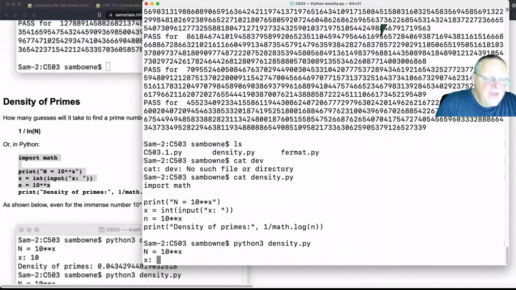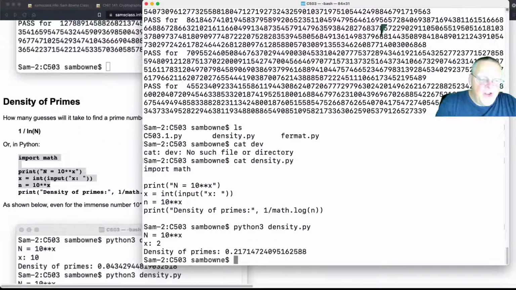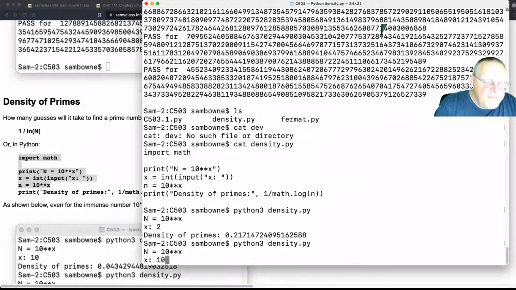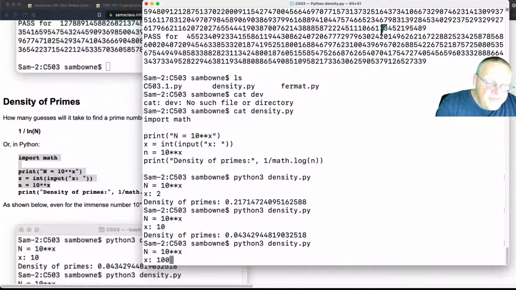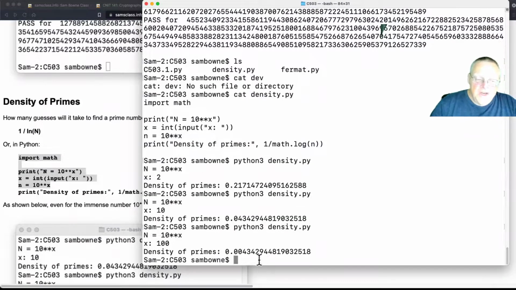density, if I do 10 to the 2, 100, then 21% of the numbers up to there are prime. But if I do 10 to the 10, it's only 4% of those numbers that are prime. And if I do 10 to the 100, 100-digit numbers, 0.4% of them are prime.